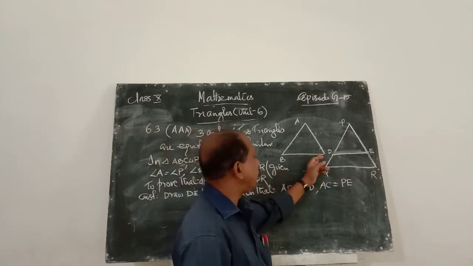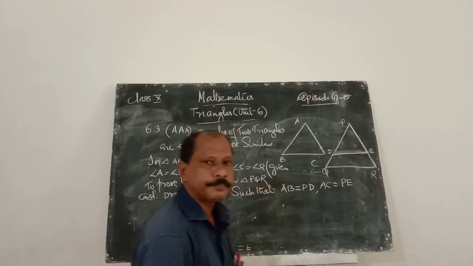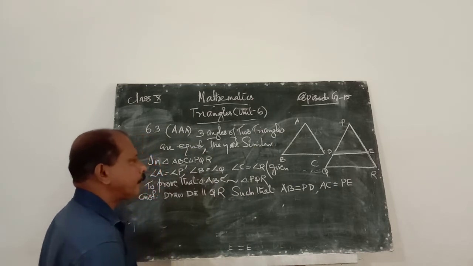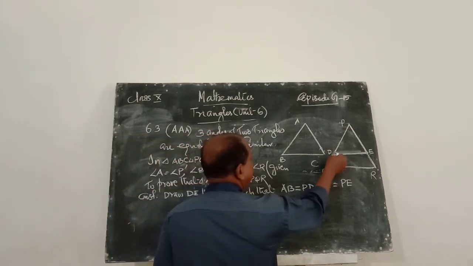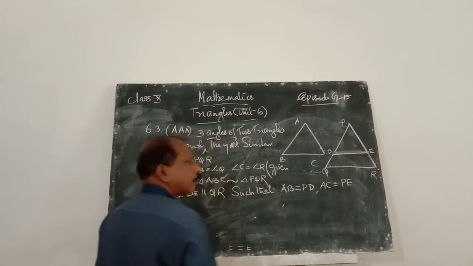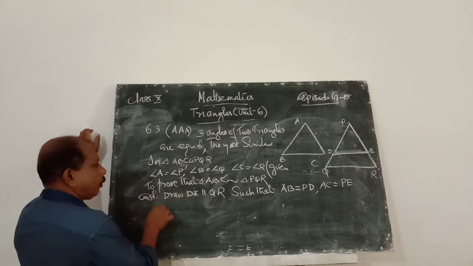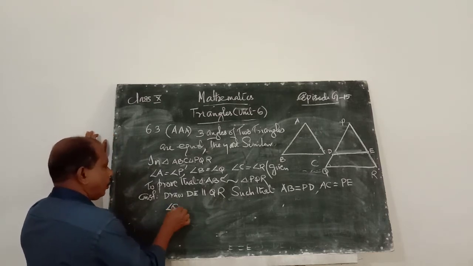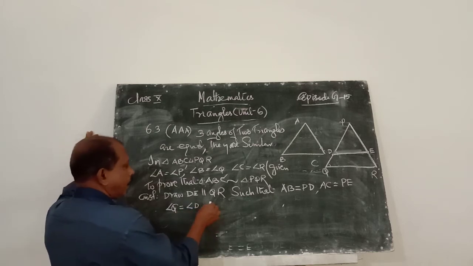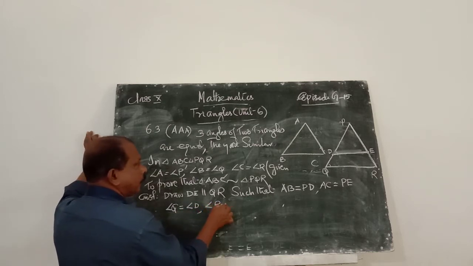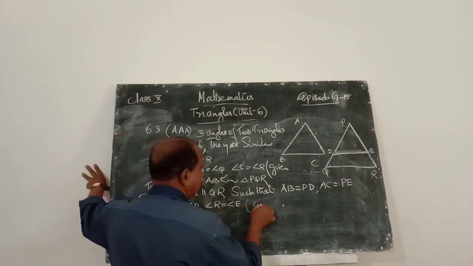That is, DE is parallel to QR. Therefore, these two angles are equal. That is corresponding angles. Therefore, angle Q is equal to angle D, and angle R is equal to angle E. That is corresponding angles.